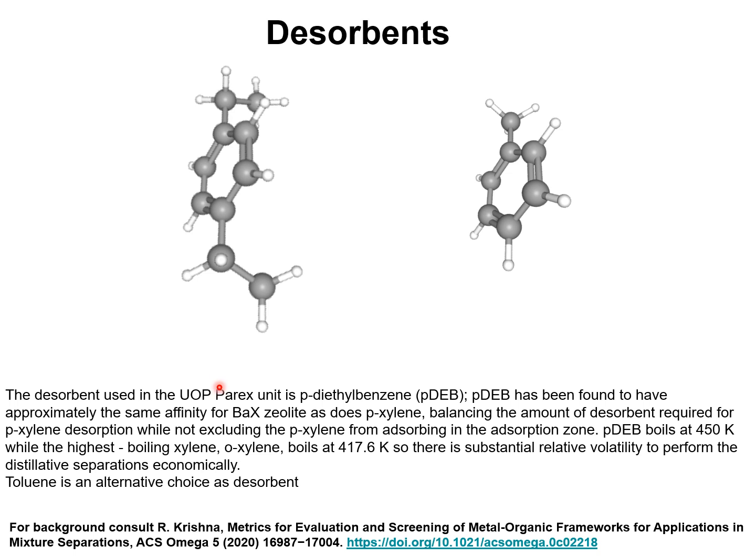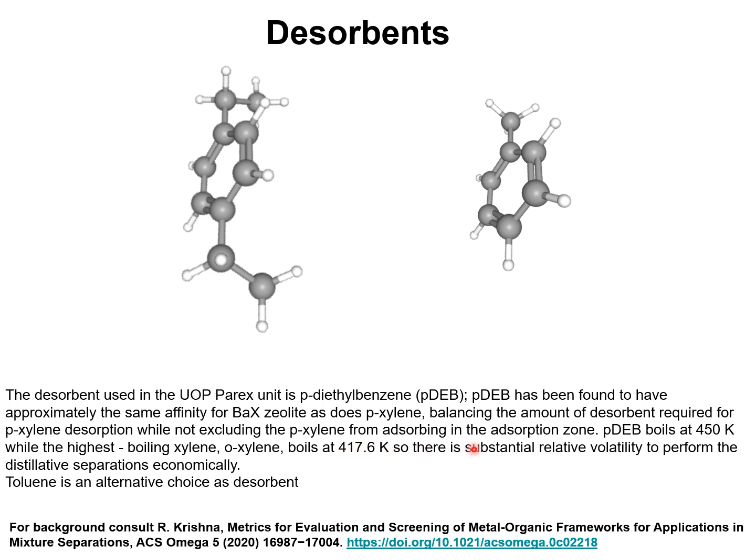The desorbent used in the UOP Parex unit is para-diethylbenzene, and the advantage of PDEB is that it has approximately the same affinity for barium X zeolite as does para-xylene, balancing the adsorbent required for para-xylene desorption while not excluding para-xylene from adsorbing in the adsorption zone.